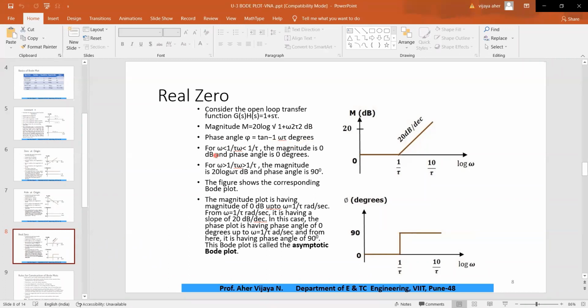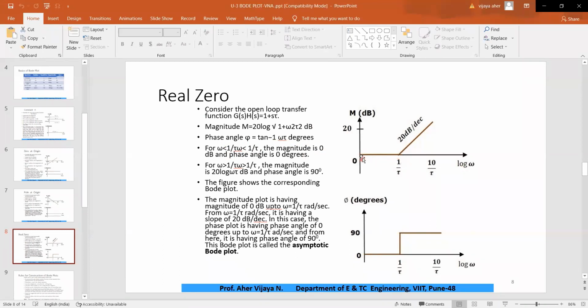Now for omega less than 1 divided by tau, the magnitude is 0 dB. So when this value of omega is less than 1 by tau, that means up to this point, the magnitude is equal to 0 dB.